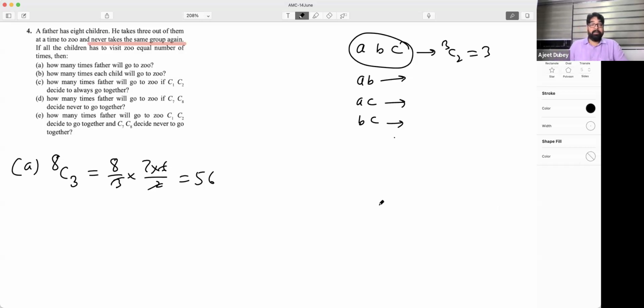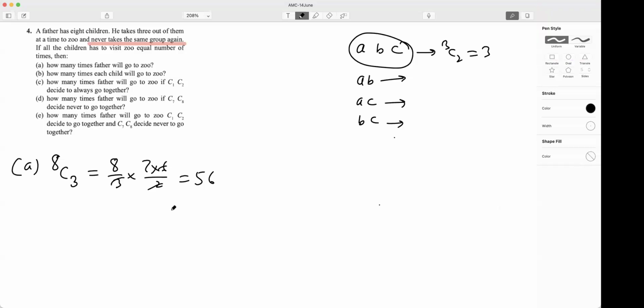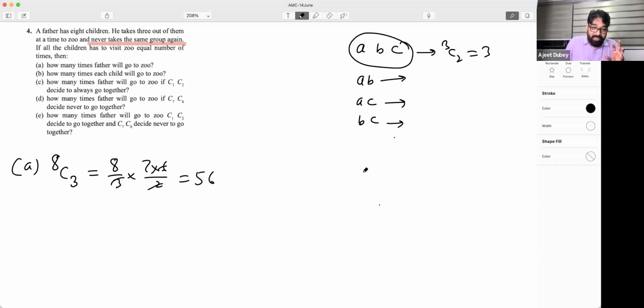Part B: every child will go how many times to the zoo? Very simple, 7 times. How 7 times? Suppose the first child is C1. So C1 will go how many times? First check how many times I can make a selection of 3 children where C1 is present.